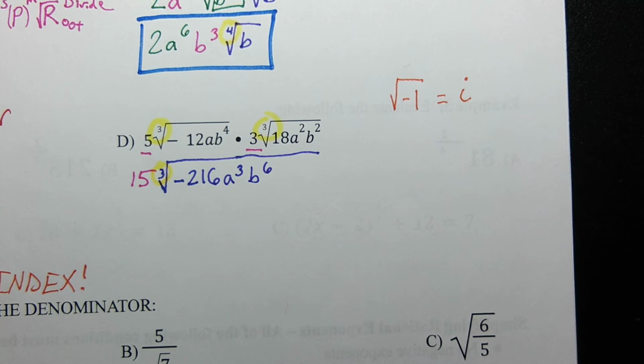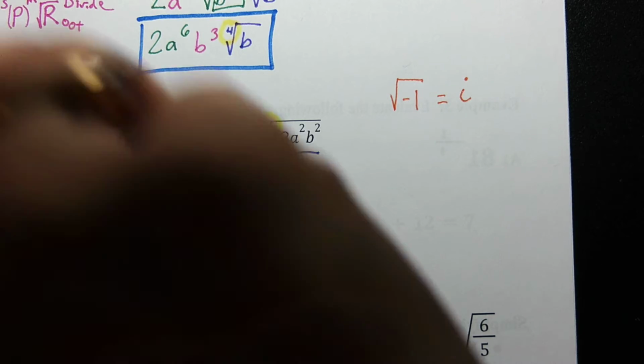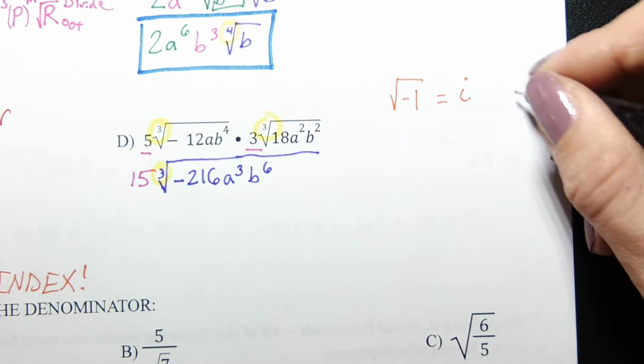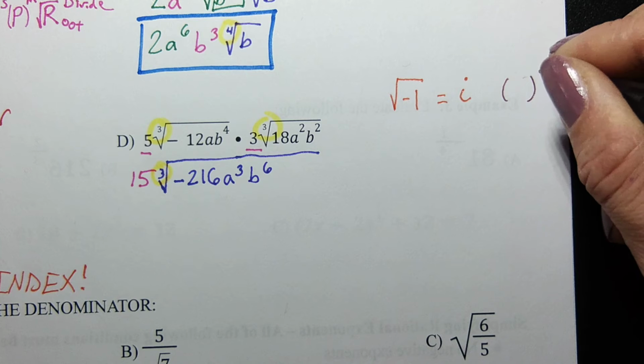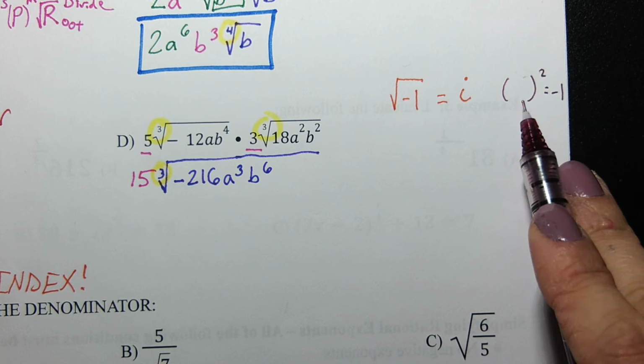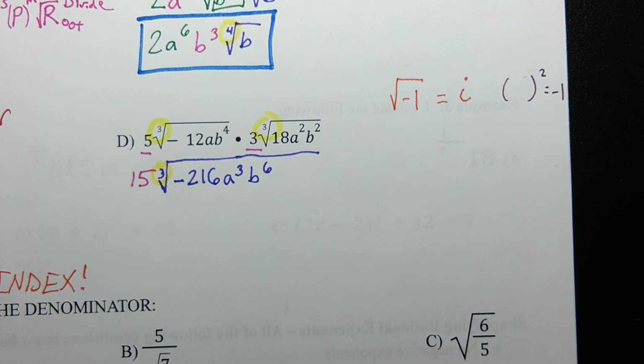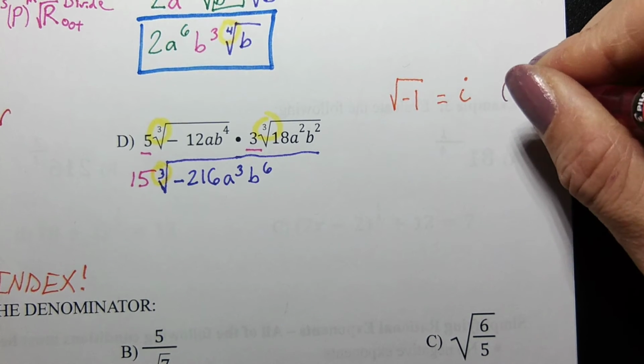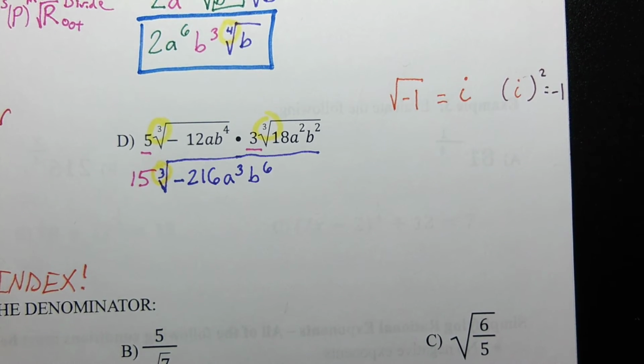Why is the square root of negative 1 i? Because this is essentially saying what squared gives me negative 1. We find that no regular number squared will give me a negative. So i squared is defined as the square root of negative 1. So i is what goes in here to make this true.